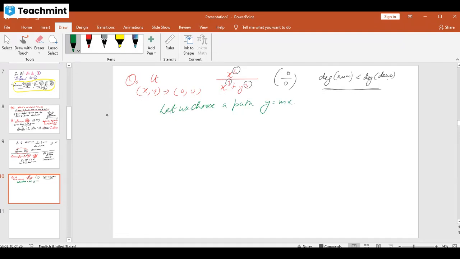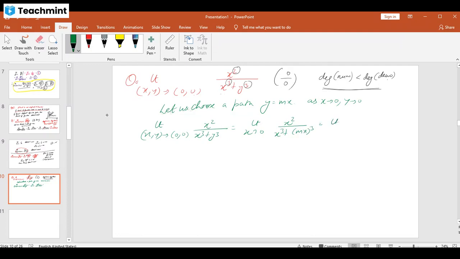Why am I choosing y equal to mx? Because the power of x and y is the same, I'll try to substitute in such a way that the power of the variable is the same. As x approaches 0, y approaches 0, so it must contain the neighborhood of the point (0,0). So the limit as (x,y) approaches (0,0) of x square upon x cube plus y cube is converted into the limit as x tends to 0 of x square upon x cube plus (mx) whole cube.